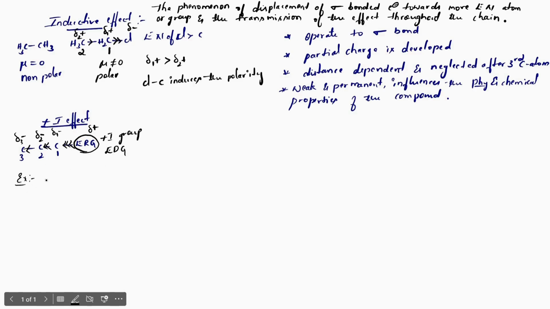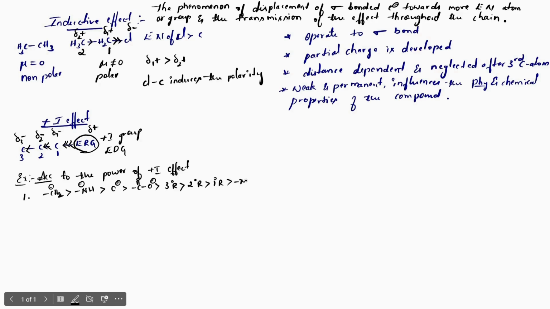Examples, according to the power of the positive inductive effect: CH2 minus is greater than NH minus, greater than O minus, greater than C double bond O minus, greater than tertiary alkyl group, greater than secondary alkyl group, greater than primary alkyl group, and greater than methyl group.